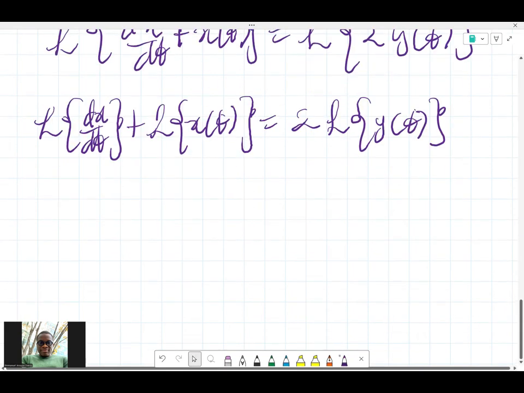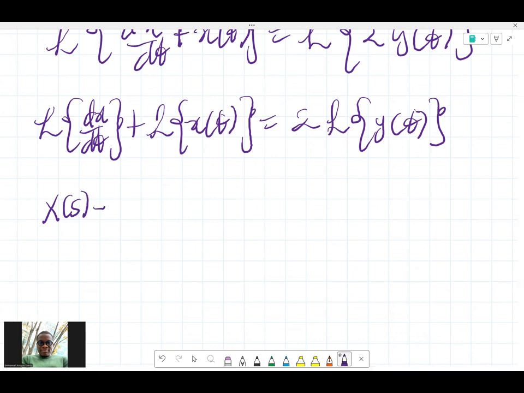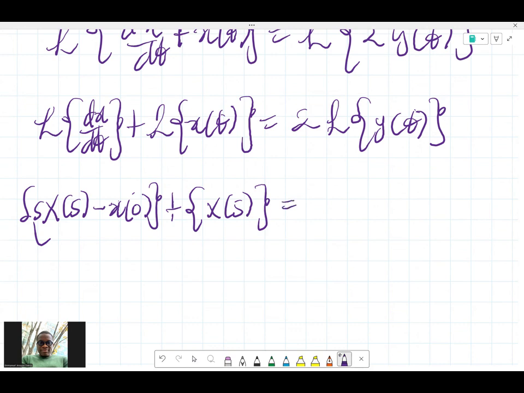Since we are talking about x here, this becomes sX(s) minus x(0), because it's first order. Then we have X(s), and this is equal to 2Y(s).